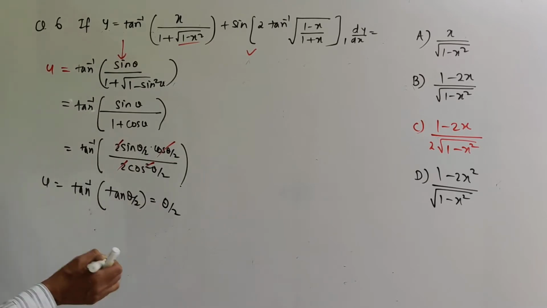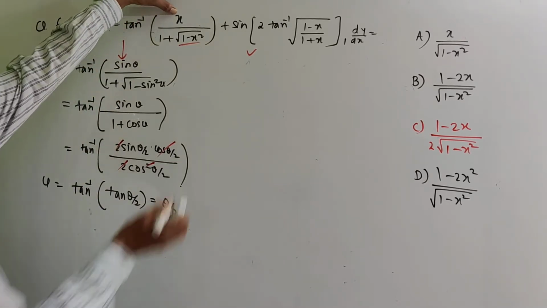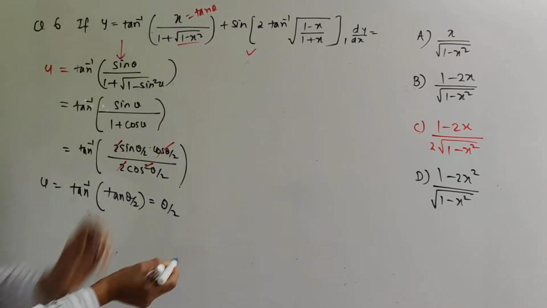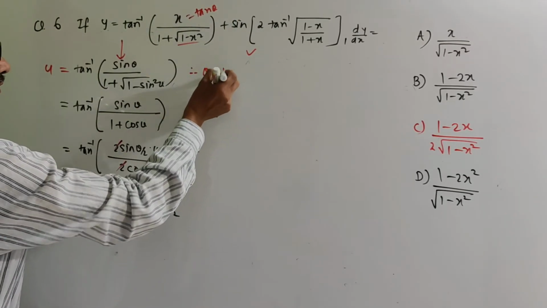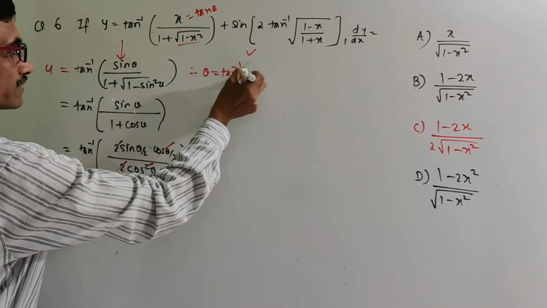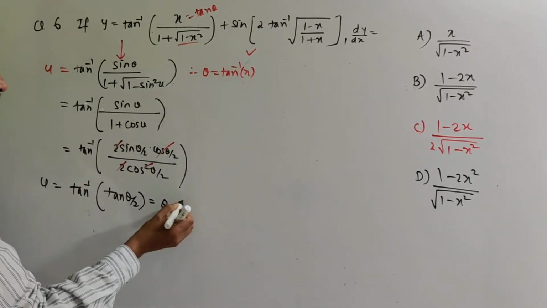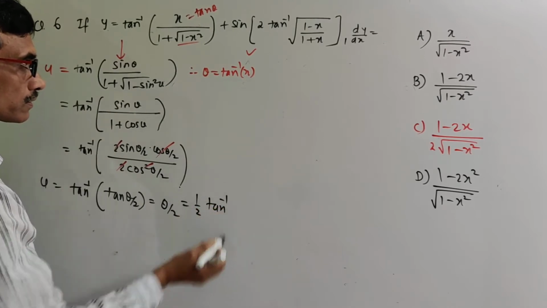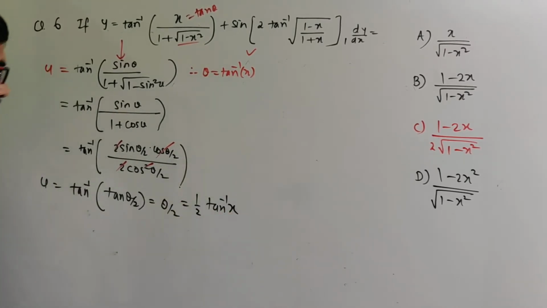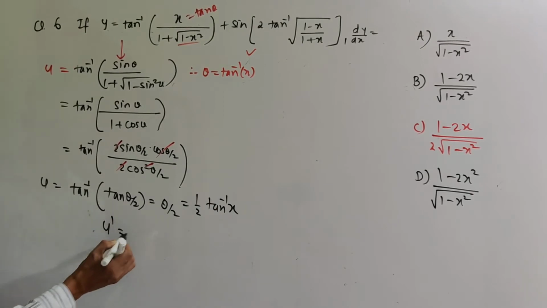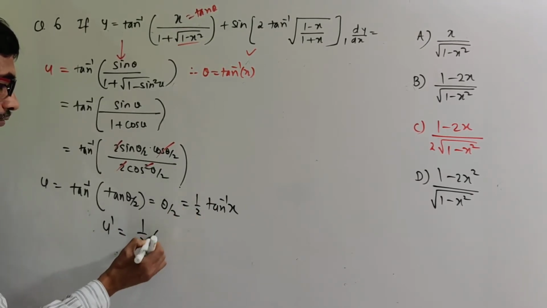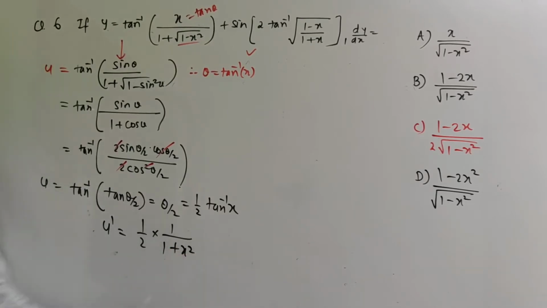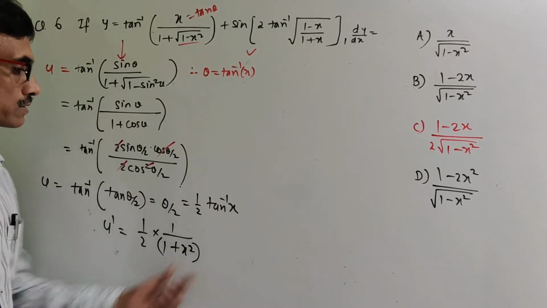But the substitution is x is equal to tan theta, so theta will be equal to tan inverse of x. Therefore u is 1 by 2 tan inverse of x, and the derivative u dash will be equal to 1 upon 2 into 1 upon 1 plus x square, the derivative of tan inverse of x.